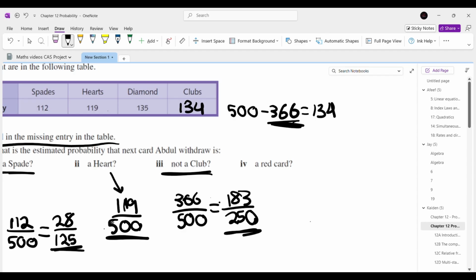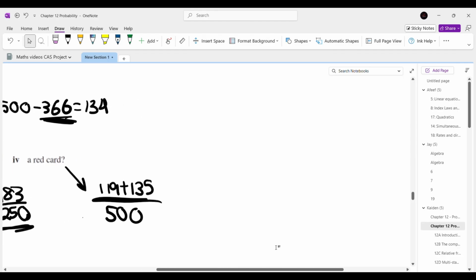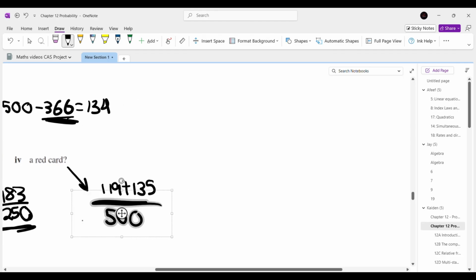And finally, the probability that a red card was drawn. So the red cards are just the hearts and the diamonds, so it's just the sum of these two over 500, because that's the total number of experiments, remember? The total amount of times this experiment was conducted. So we have 119 plus 135 over 500.